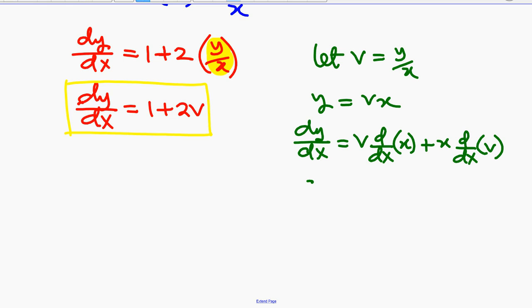So what we'll end up with is dy over dx will be equal to v plus x dv over dx.